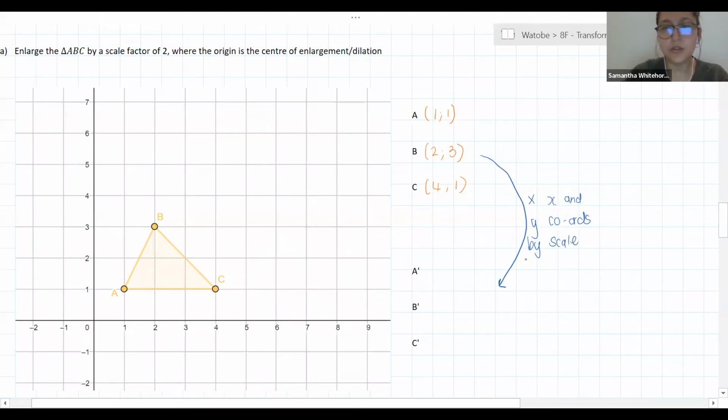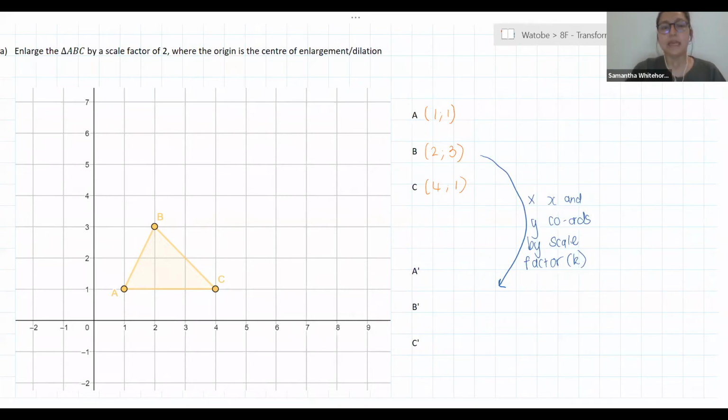Now we use a symbol of K for scale factor. Not super important, but if you ever see K equals, K means scale factor. Now this makes sense, right? If I want to double something or make something twice as big, I'm going to times it by 2. So when I'm wanting to enlarge a shape, or make it smaller, and we'll get to those in a second, I'm going to multiply what I'm working with.